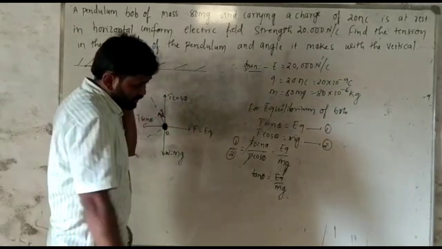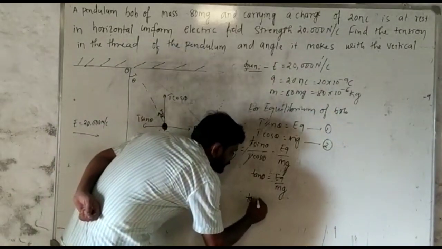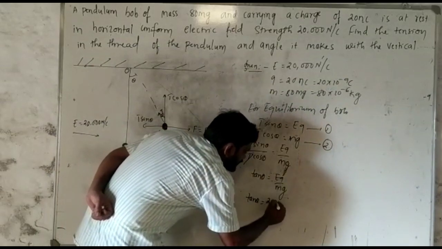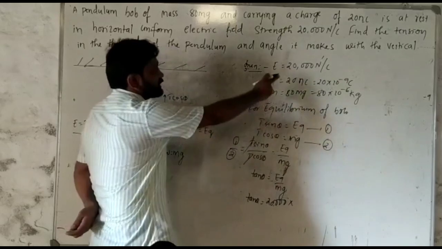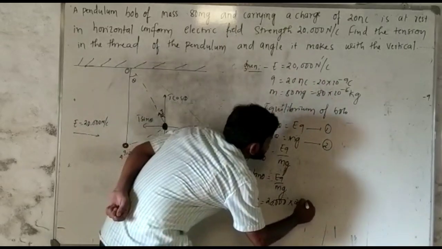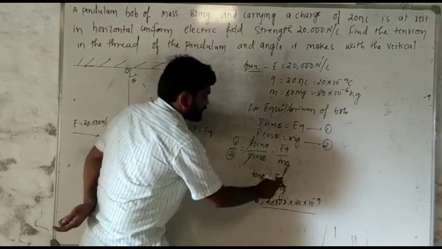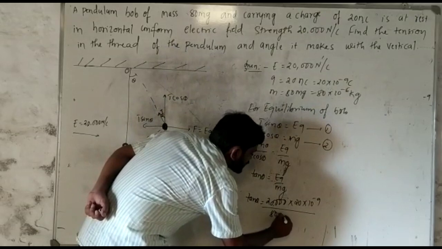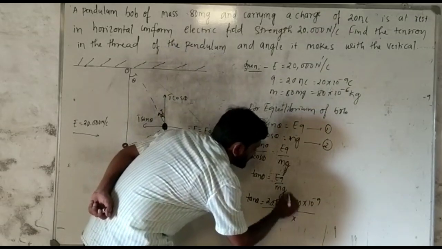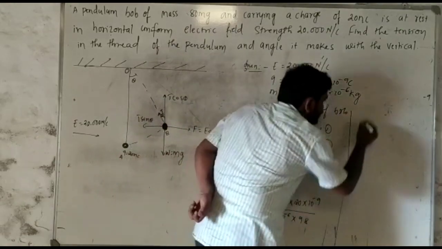Substitute the values here: tan theta is equal to 20,000 into Q, that is 20 into 10 raised to minus 9, divided by mass, 80 into 10 raised to minus 6, into g, 9.8.